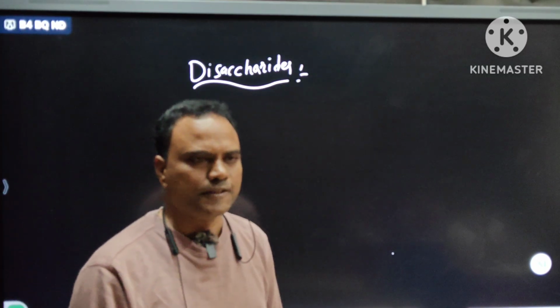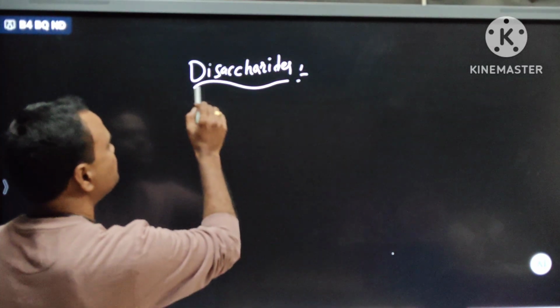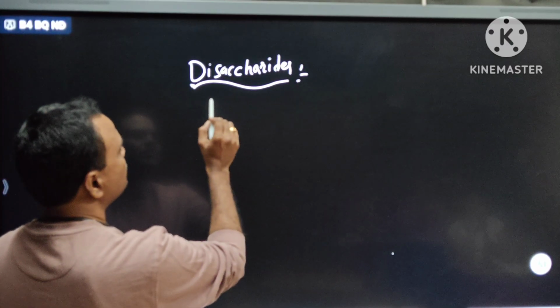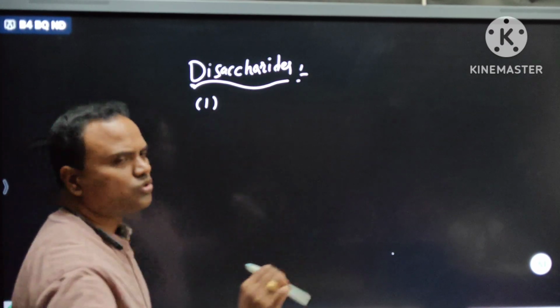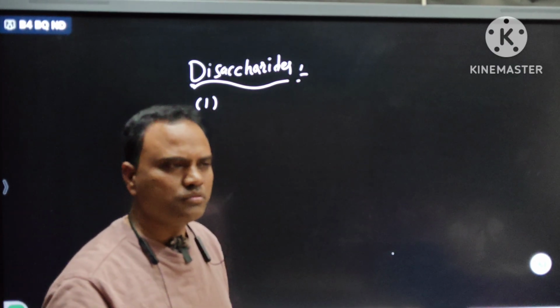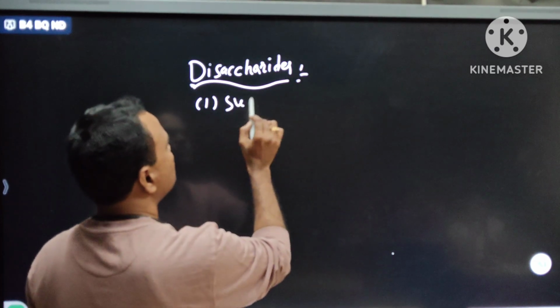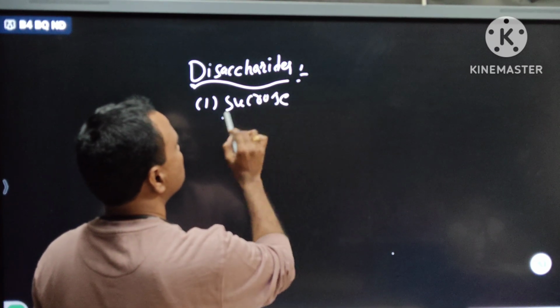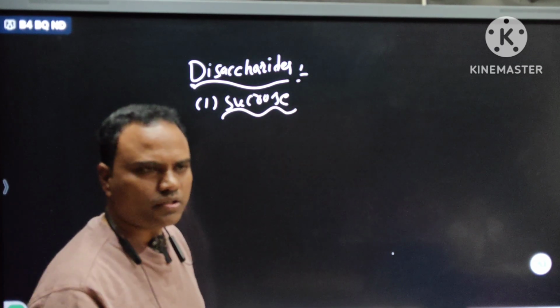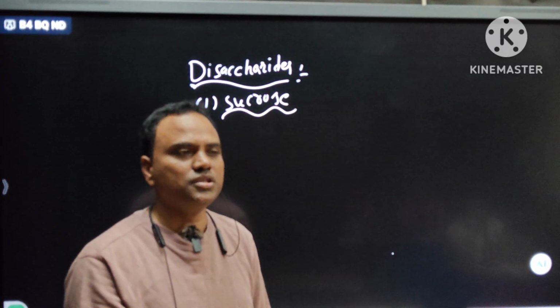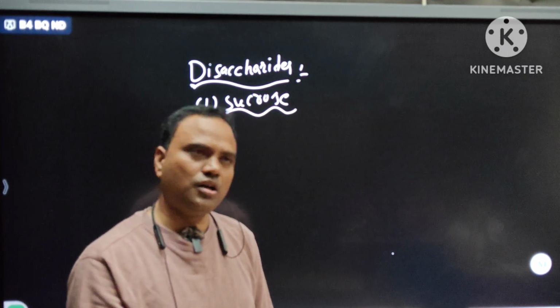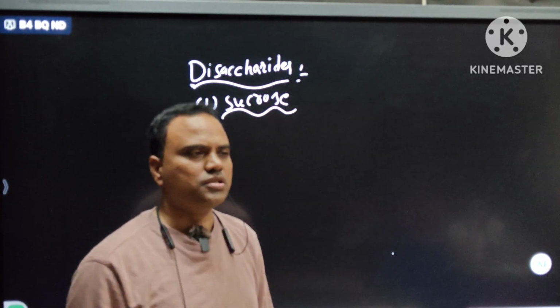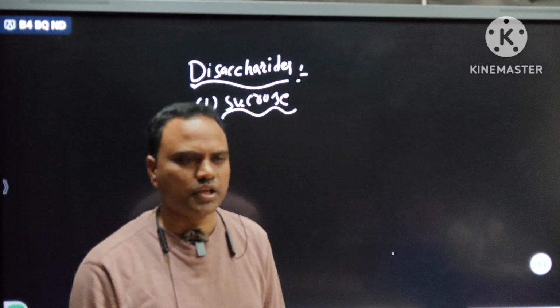Links. First, what are the disaccharides? Sucrose, maltose, lactose. Structures and links will come in tomorrow's exam. Either the link or directly the structures, such as identify the structure of sucrose.